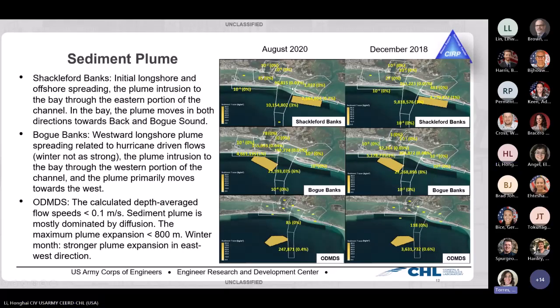And then a relatively small number goes inside the sound. But on the east side and west side, the percentage is very small. Compared to the winter case on this side, the material moved onshore is a little bit more.